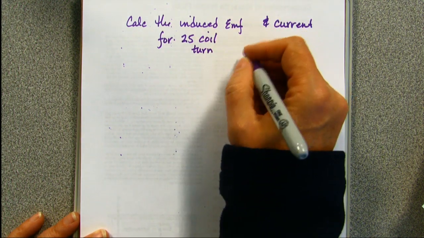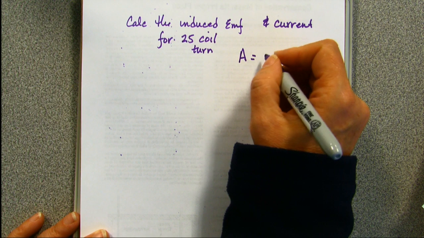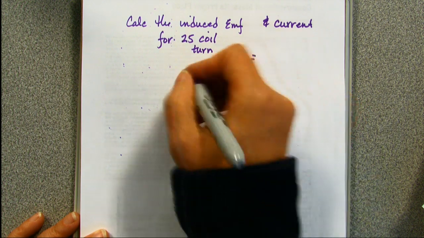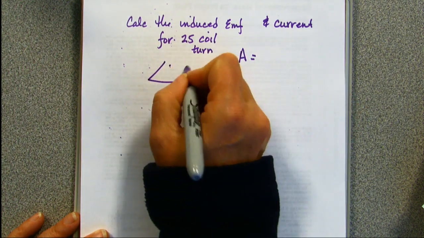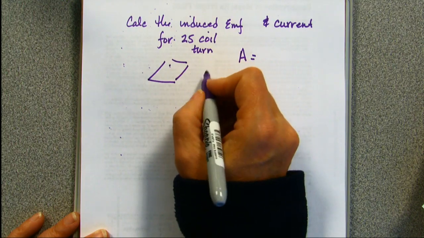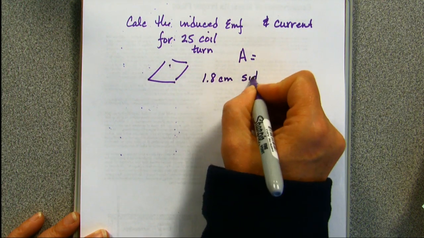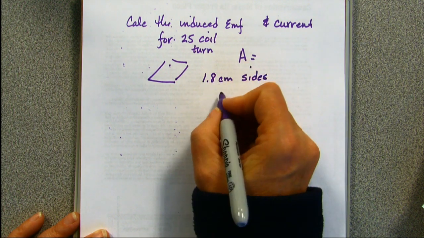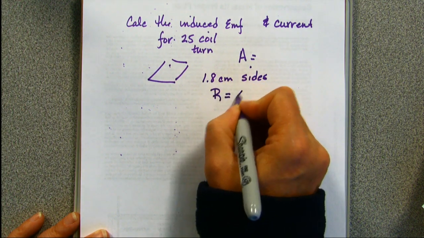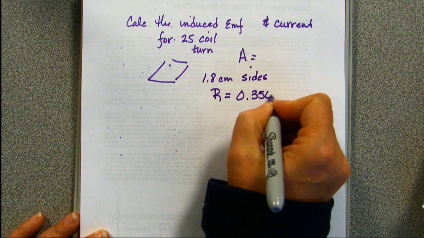It tells us that it's a square coil, and it has 1.8 centimeter sides. And we're given the resistance of the coil as 0.350 ohms.